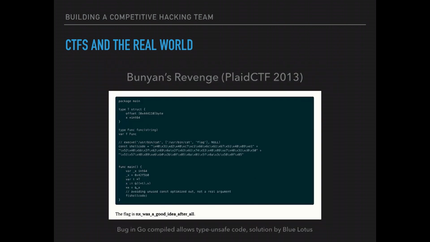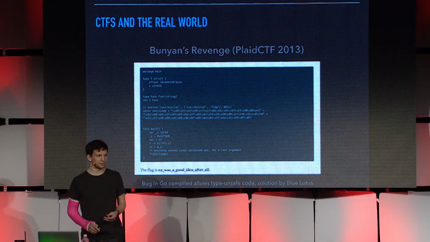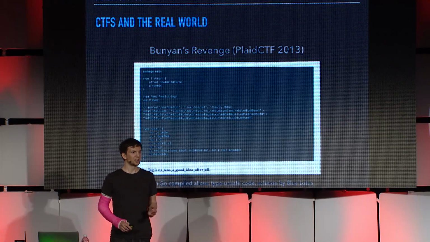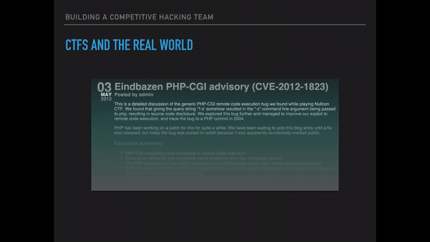The year before that, I actually wrote a challenge that used an undocumented bug in the Go compiler that allowed for running untype-safe code in what's supposed to be a fairly safe language. The year before that, there was a web problem. The intended solution was XPath injection, and the Dutch team that solved it, or one of the teams that solved it, actually found a remote code execution bug in the PHP module that affected millions of users in websites like Yahoo.